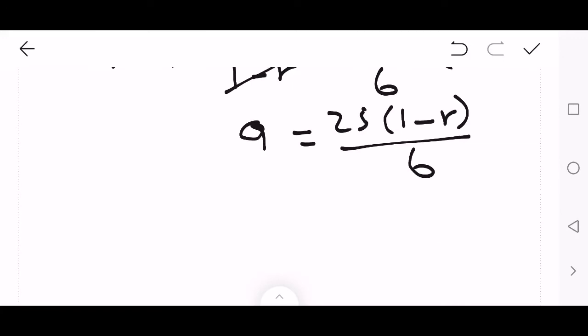Now we can equate a. So a will always be the same. A is the first term.